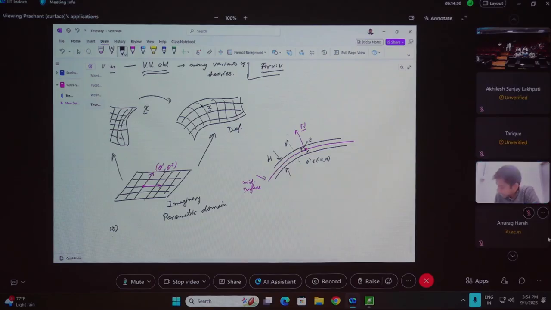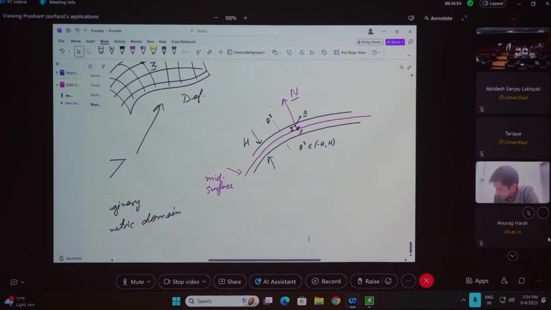So any point R that I have drawn here, which is the position vector of this point, is written as the position vector of the corresponding point at the mid surface plus θ3, which is the thickness direction, times the normal vector. So we need to define points on the shell very carefully.